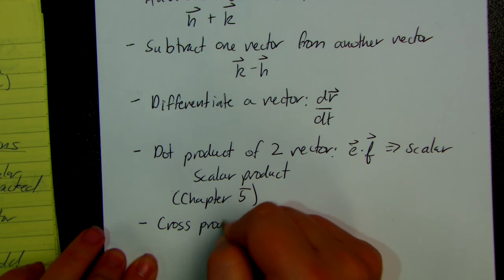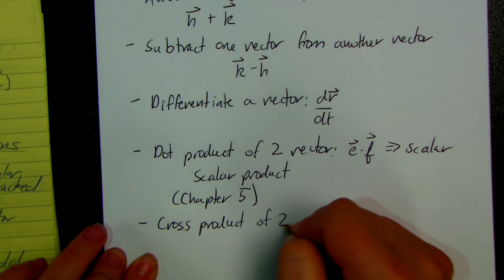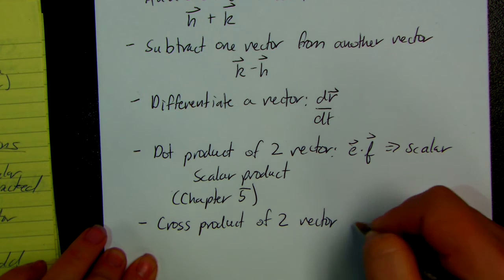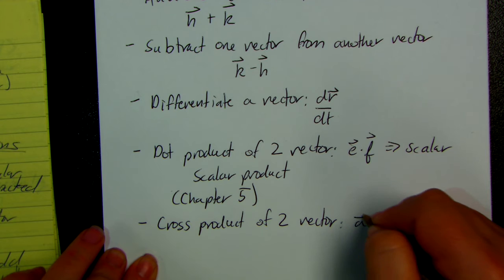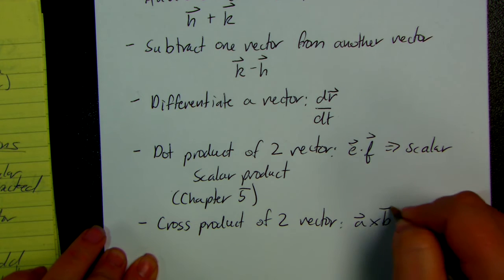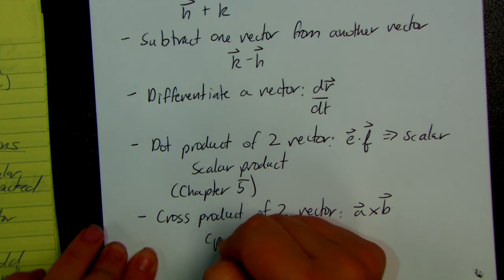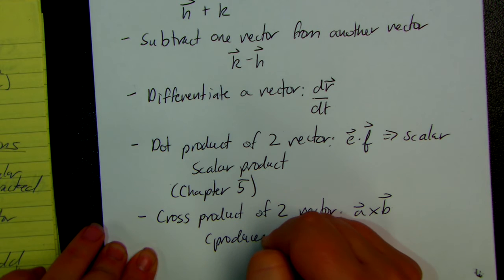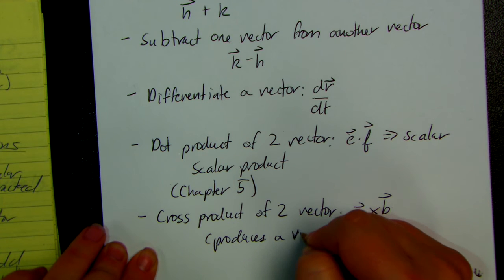The second form of multiplication is the cross product of two vectors, and this type of multiplication will produce another vector. So you can do A cross B, and that produces a vector result.